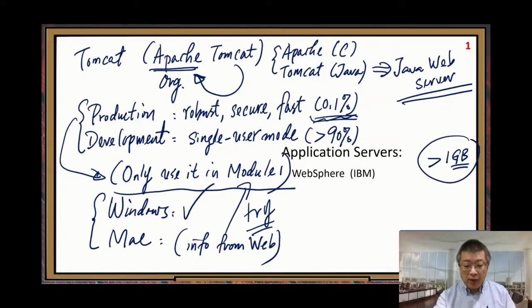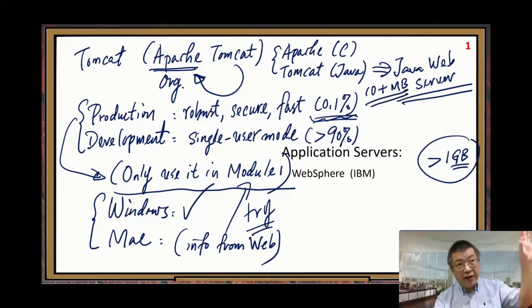But how about Tomcat? What is the size when you download it? I looked at that. Its file size is 10 plus megabytes.